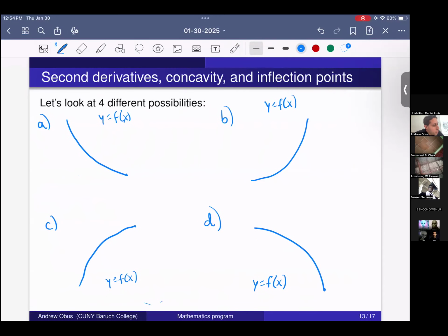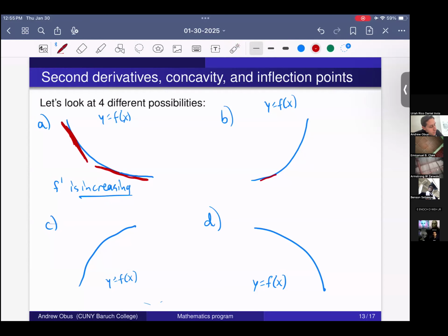So what's happening here with the slope of the tangent line? With this one, we start with a very negative slope over here, and then as we move on, the slope is less negative. So the slope goes from very negative to less and less negative. What that's telling us is that f prime here is increasing, because it's going from a very negative number, a steep negative slope, to a less negative slope. You go from a big negative number to a small negative number, that's actually increasing.